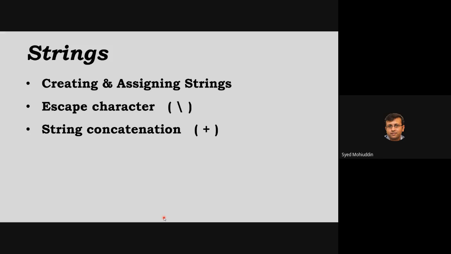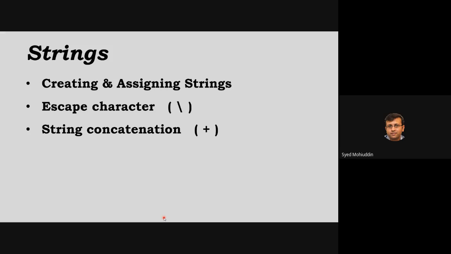So suppose I have CSE plus A, both are strings. If both are strings, then I will have the value CSE A. Now suppose I have CSE plus a value 10, then I'll get an error because 10 is a numeric type.